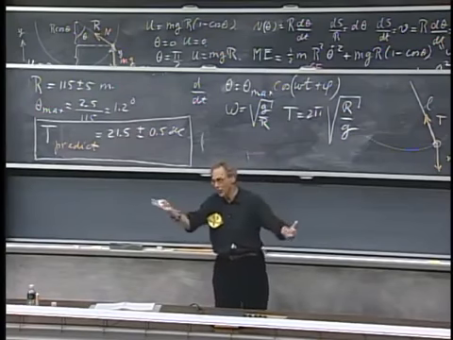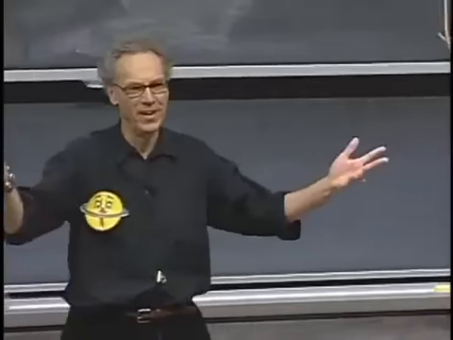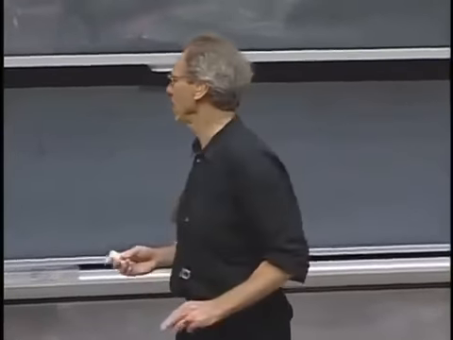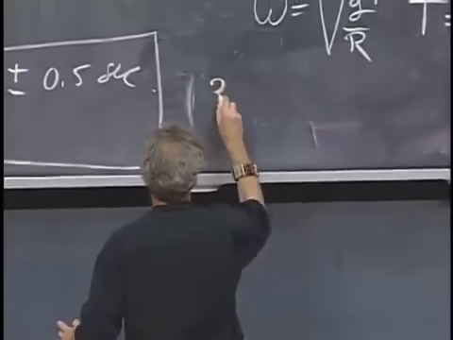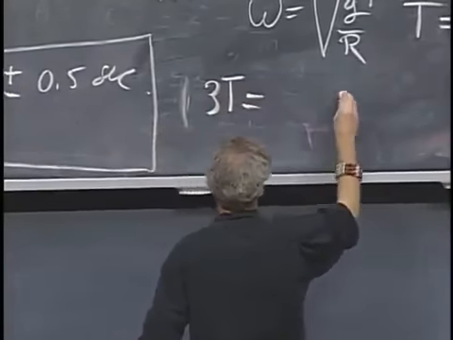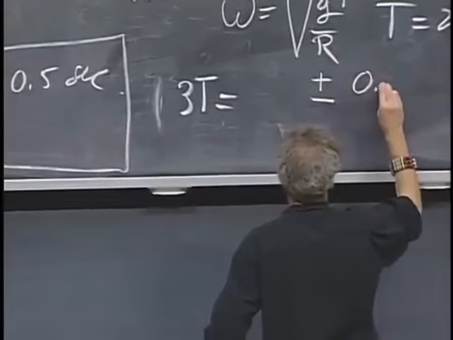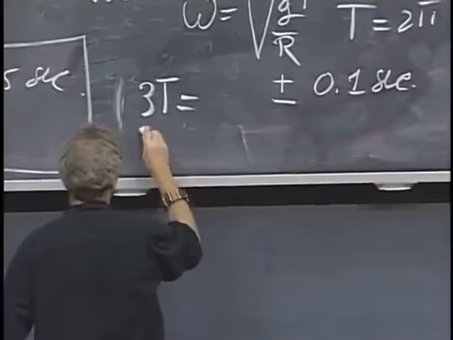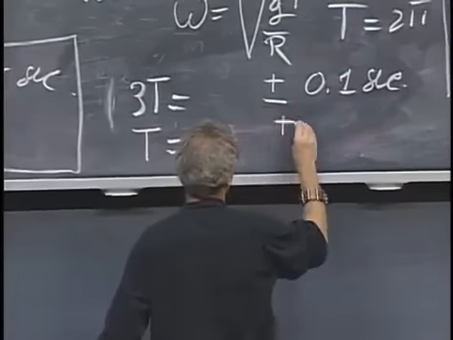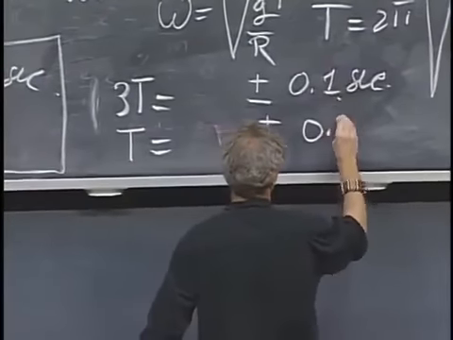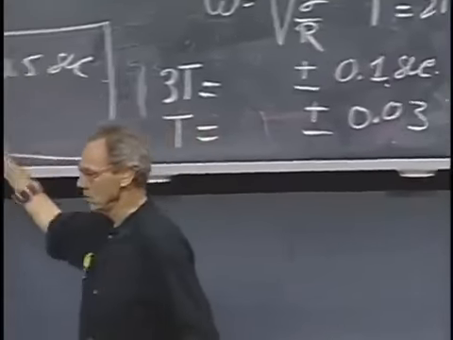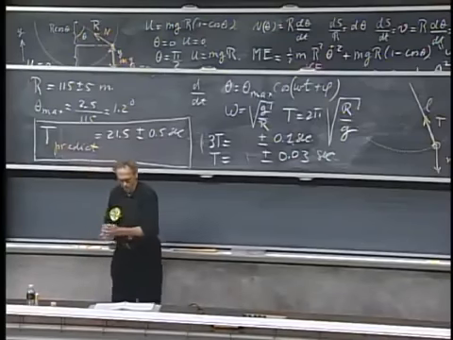It's so much fun to see that object go back and forth in 21 seconds that, for your pleasure and for my own pleasure, I will go 3 oscillations. Not that it is necessary, but I will do it. 3T is going to be something plus or minus 0.1 second, my reaction time, and then we can divide that by 3, and of course the error will go down by a factor of 3, and we will see whether this number agrees with this one.